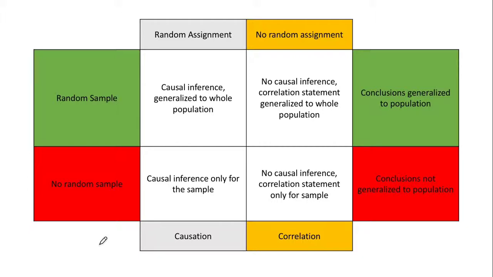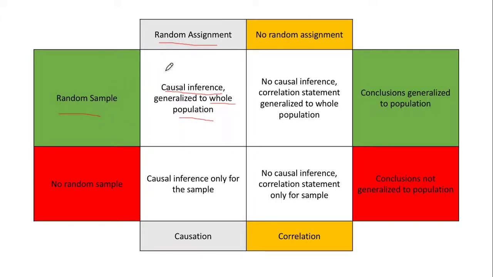Random assignment is where you're randomizing, say like a flip of a coin, subjects to a treatment or to a control group. So if you have a random sample and you have random assignment, then we can make causal inferences, meaning cause and effect, to the whole population, okay?